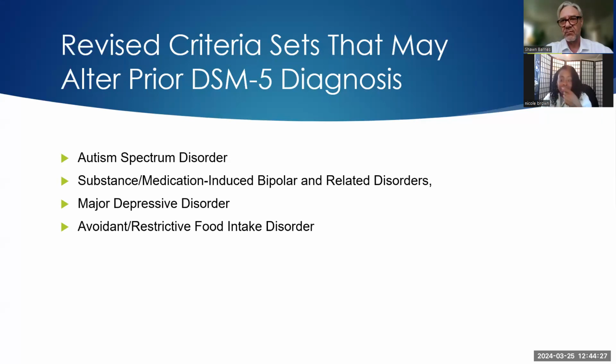I'm reading this directly from the book. These deficits are deficits in social emotional reciprocity, deficits in nonverbal communication used for social interaction, and deficits in developing, maintaining, and understanding relationships. The criteria says you must meet all three now. You can't have just one. I want you to look at the DSM talk.